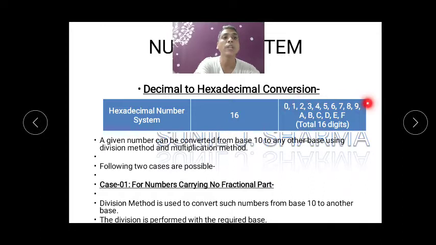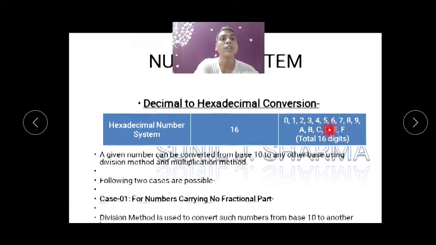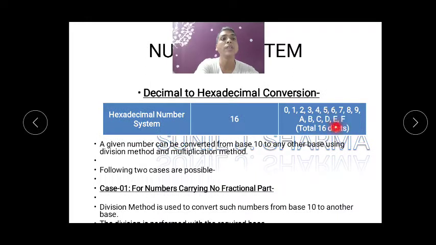So 0 to 9 are your numbers, and after 9 we don't have 10, 11 and all. We have alphabets. A indicates 10, B indicates 11, C means 12, D means 13, E is 14, and F is 15. We don't have anything greater than F.